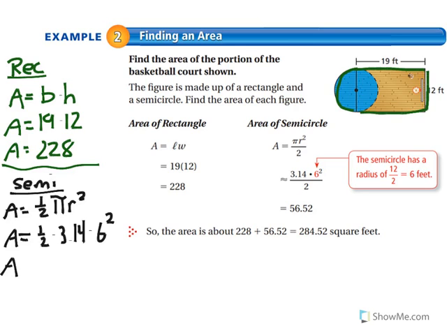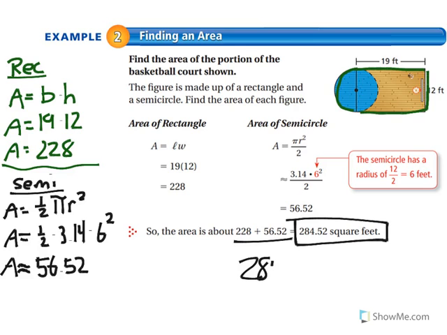We take these numbers into our calculator, and we multiply, and we get approximately 56.52. And if we combine the rectangle and the semicircle, we're going to get 284.52 feet squared.